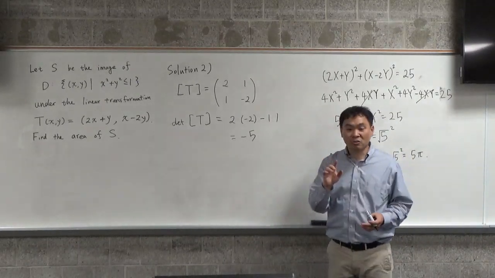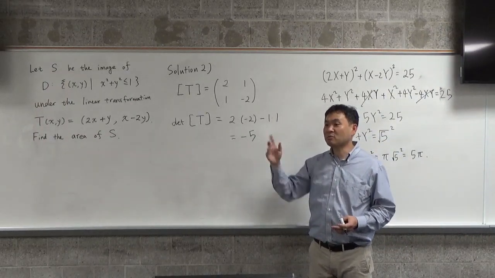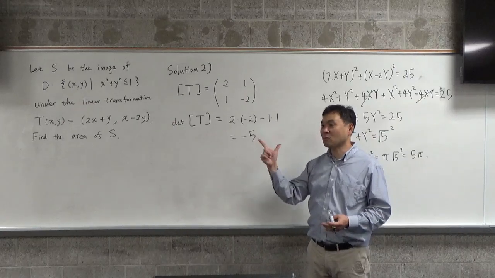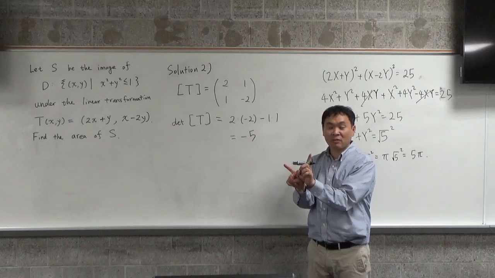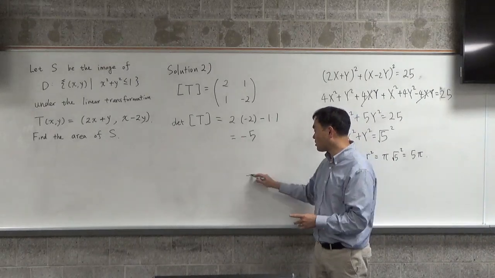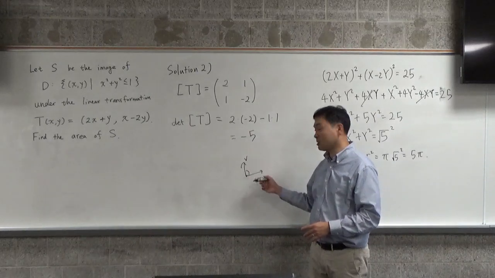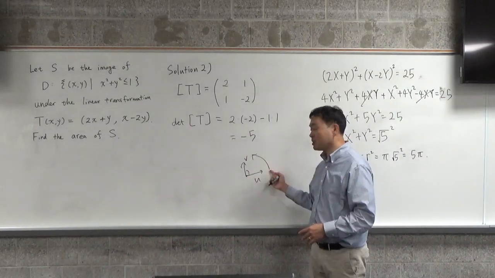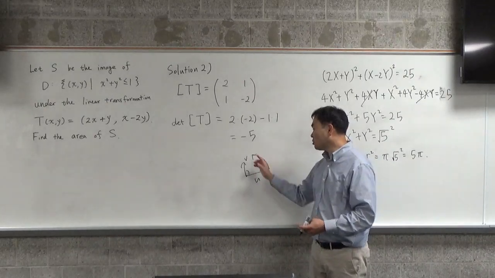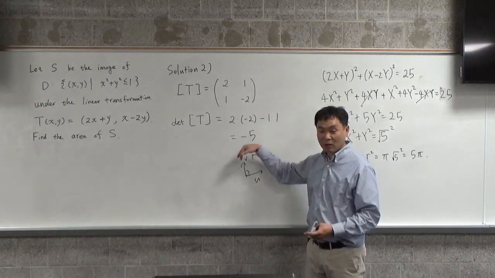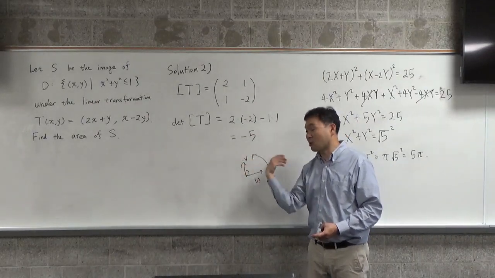What I didn't tell you was that if the determinant is negative, it flips the orientation. If you have 2 vectors, it could be either right-handed or left-handed, right? If you have vector u and vector v, and this angle is less than 180 degrees, then you would say that uv is right-handed, whereas vu would be left-handed. uv is like going counterclockwise, and vu would be going clockwise.